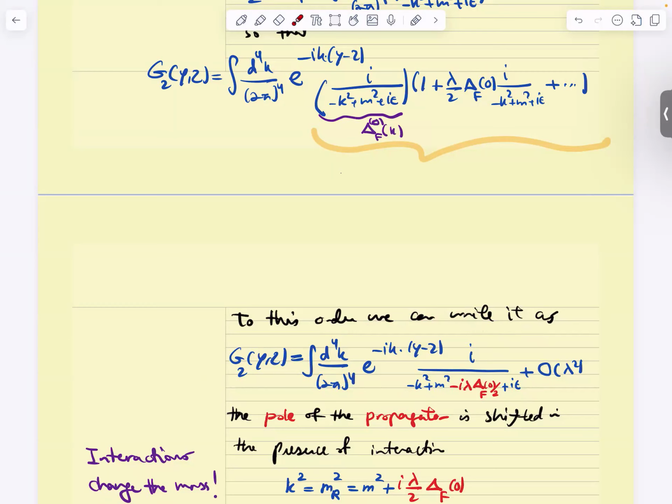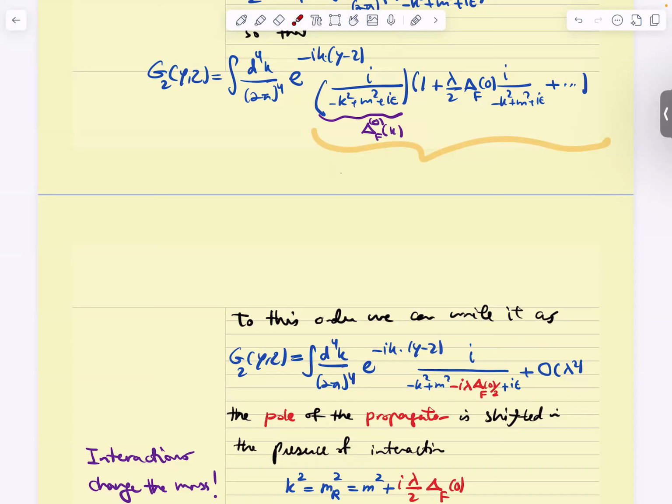We found the propagator by doing integrals. There were 2 poles on the k-naught plane at omega p and minus omega p, right? And to get the Feynman propagator, we did this integration.